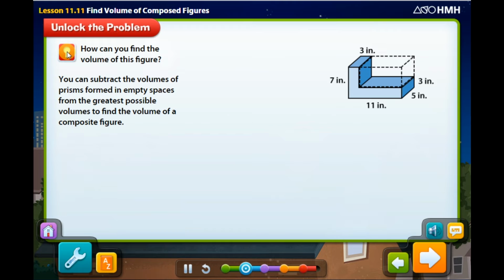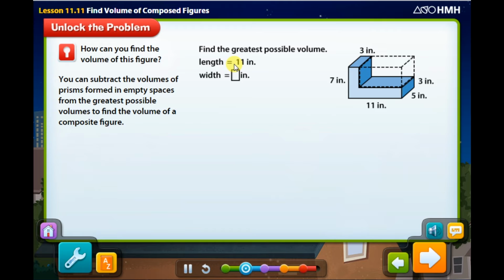You can subtract the volumes of prisms formed by empty spaces from the greatest possible volume to find the volume of a composite figure. First, find the greatest possible volume. To do that, we need to identify the greatest length, width, and height. What's the greatest length? The length of the greatest rectangular prism is 11 inches.